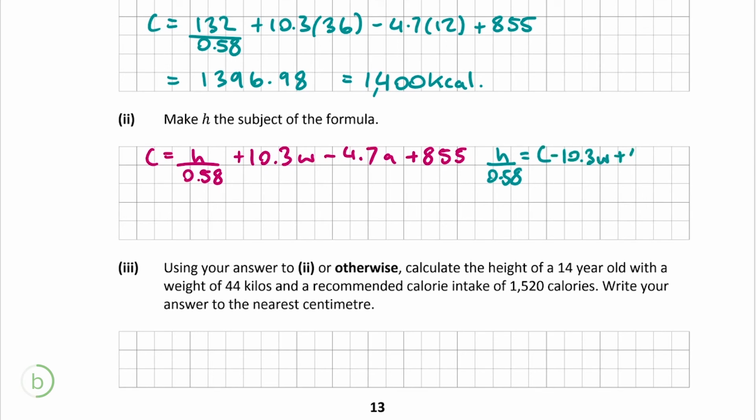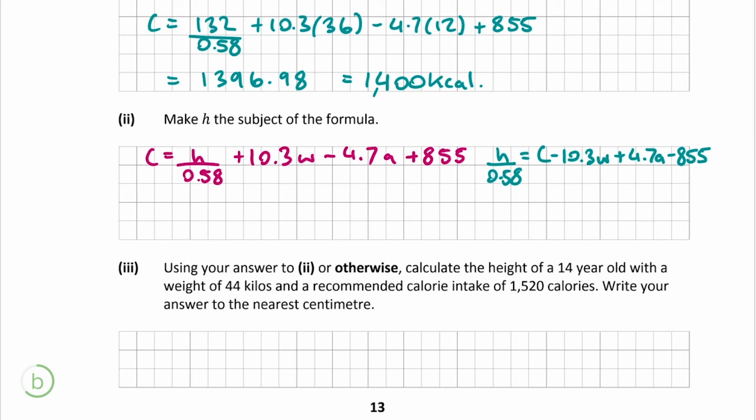Similarly for the minus 4.7A term, we add it to both sides, and for the 855, we take this away from both sides. This gives us H over 0.58 is equal to C minus 10.3W plus 4.7A minus 855.